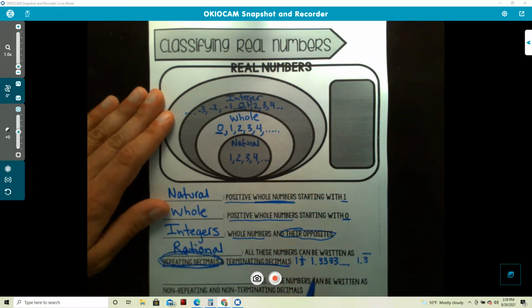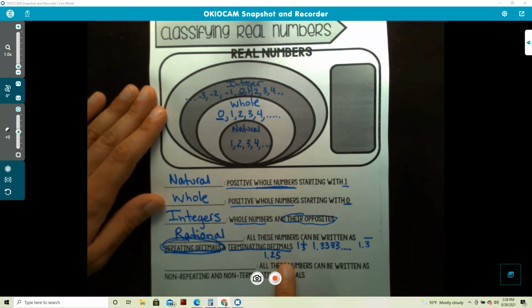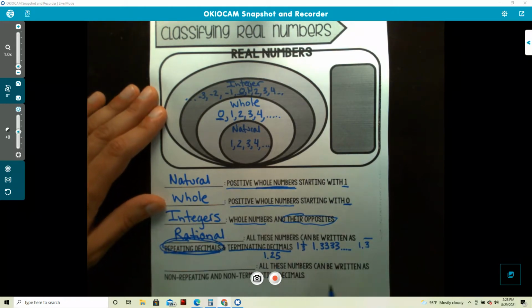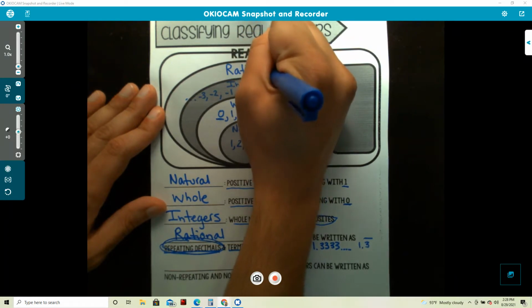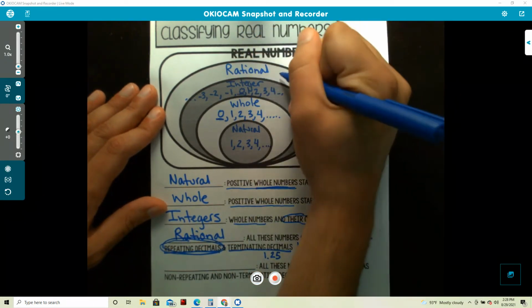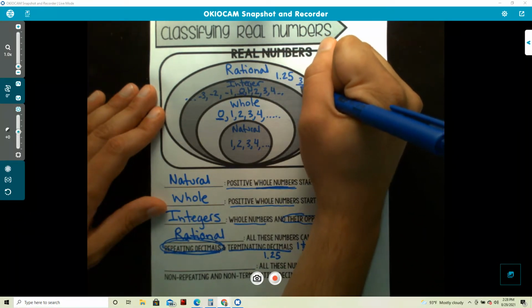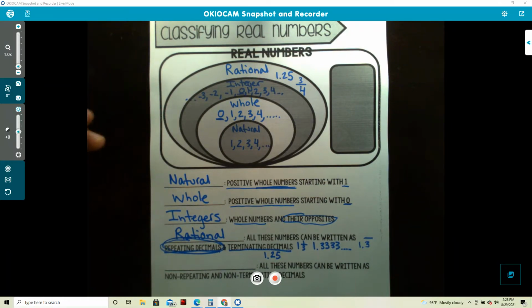A terminating decimal means that it's just a decimal that ends. So let's say, for example, 1.25, and then that's it. It doesn't go on, it terminates, so it ends. So this is going to go right up here, so we've got the rational. For example, 1.25 would be up here. 3/4 would be up here, but of course we would convert 3/4 to 75/100 or 0.75.